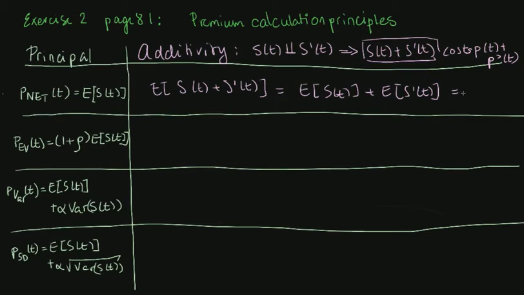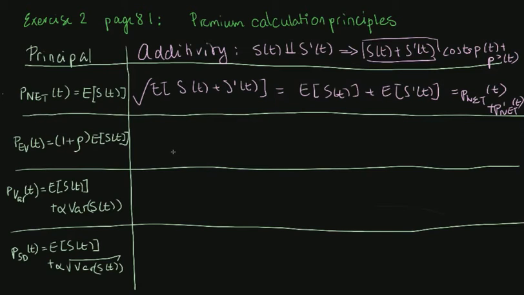And this is equal to the price of S of t plus the price of S prime of t. So additivity is satisfied in the first principle.